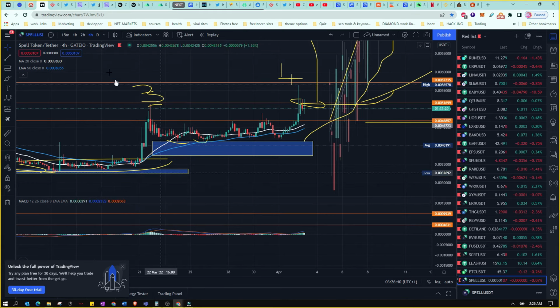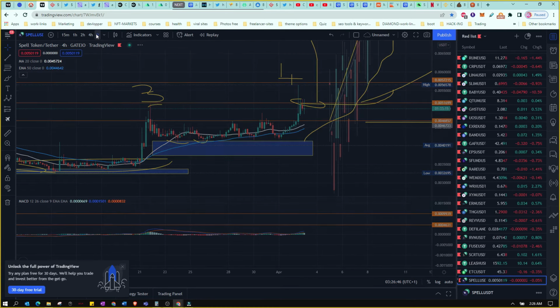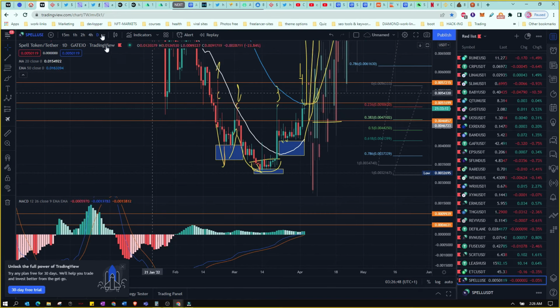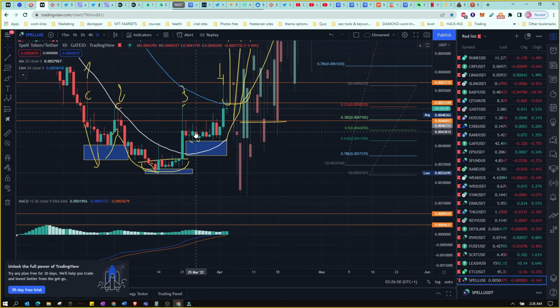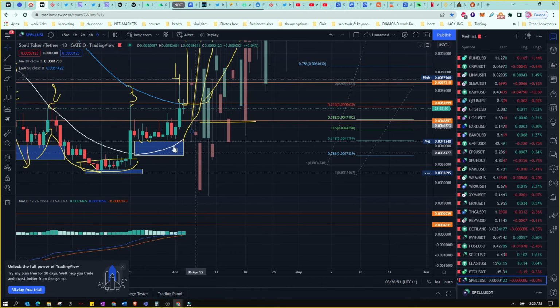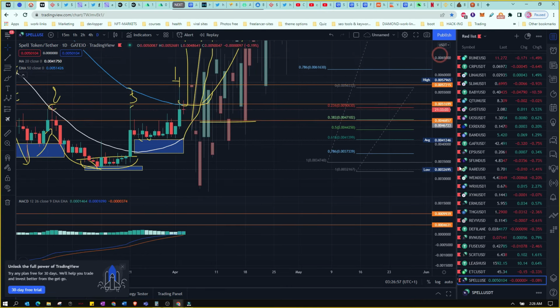But you should not see the golden cross only on the 4 hours. The golden cross confirmation comes on the daily, not on the 4 hours chart. So on the daily here, the cross is coming, so it's gonna happen in these areas. That's where it's gonna happen.